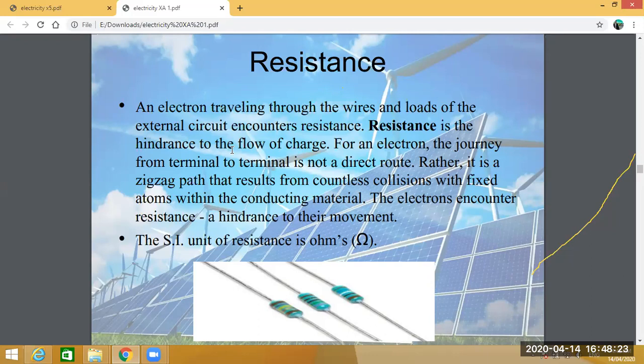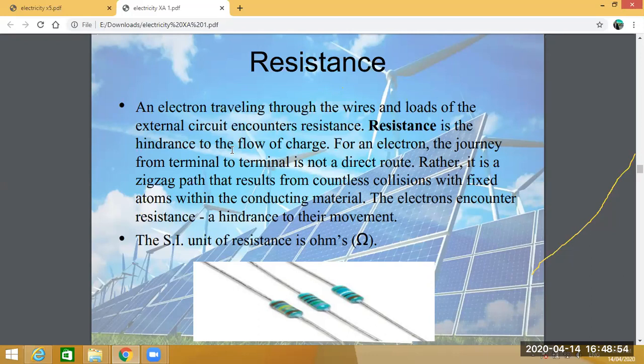That means while the electron flows through the circuit, through the conductor, it gets opposition and hindrances, and gets slowed down. And this is called resistance. Therefore, resistance can be defined as the hindrance offered to the flow of electric charge by that material or conductor. So therefore, resistance is an inherent property of matter.